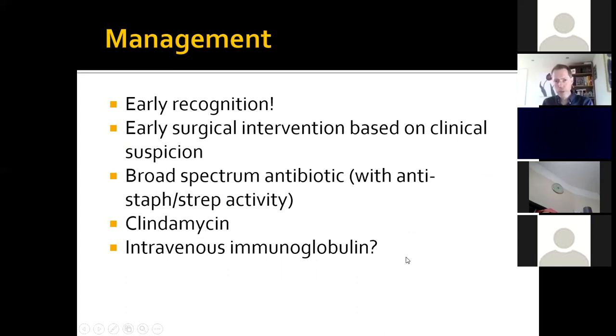And when shock coexists, intravenous immunoglobulin is recommended. And actually, in this case, you could say that this child was on the verge of developing streptococcal toxic shock syndrome as well.